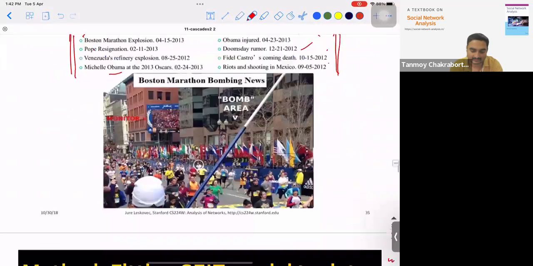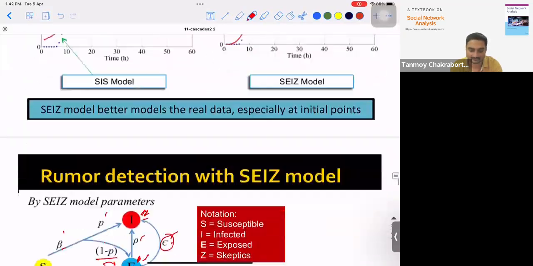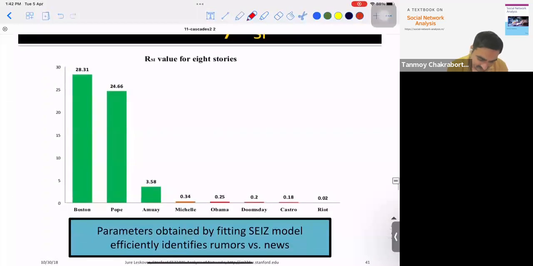Okay, and then for every event, they plotted this flux ratio. Okay, so if you look here, the green bars correspond to real events, and the red bars correspond to fake events. Okay, and the x-axis is the event, and the y-axis is the flux ratio.